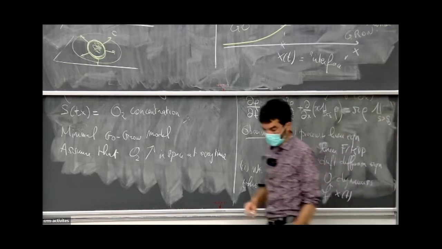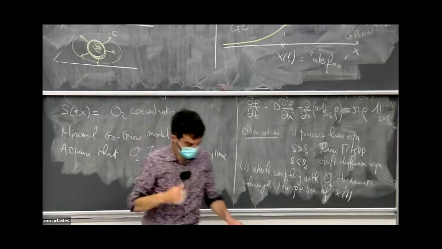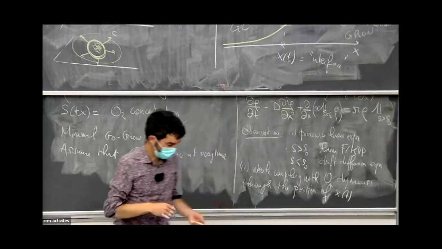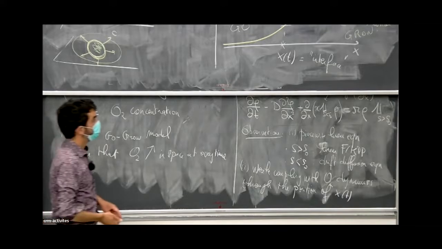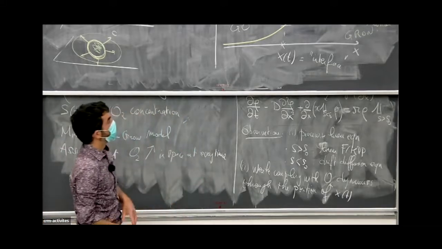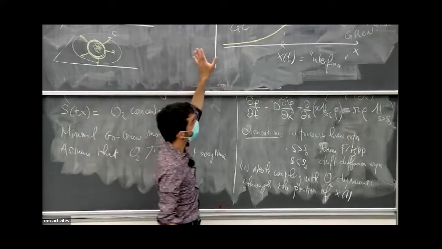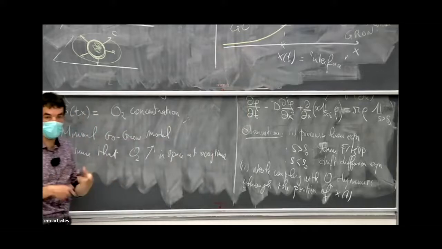And just one comment, and it might be the last biological comment of this first lecture. This belongs to the class of what biologists call self-generated gradients, which is very well studied at the moment. It's when cells navigate in some environment by creating their own environment.